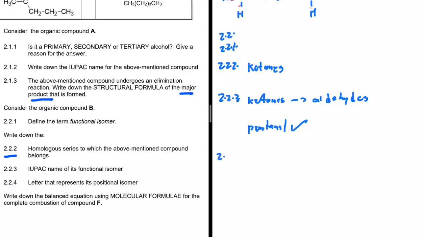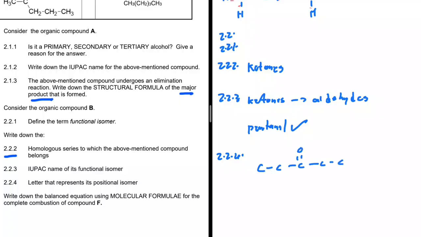2.2.4. Letter that represents its positional isomer. So we are dealing with pentan-3-one. The positional isomer is pentan-2-one. It has only one positional isomer, because we have 1, 2, 3, 4, 5 carbons and the double bond oxygen.